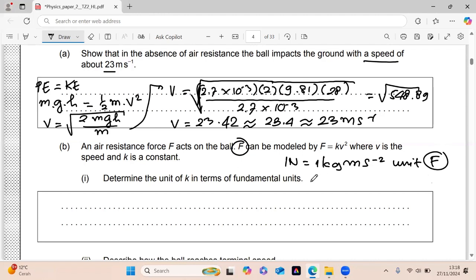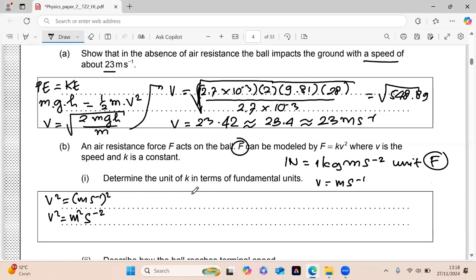The unit of velocity or speed v is meter per second. It means v squared is meter per second squared, or v squared equals m squared s power minus 2.